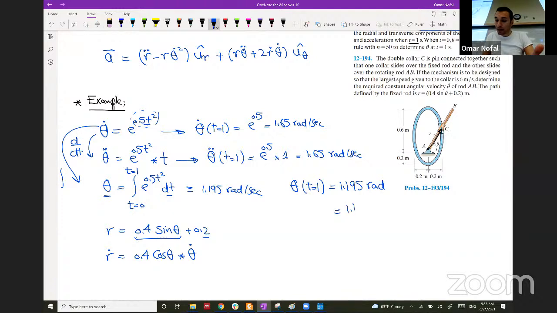If you calculate this with degrees, it will be 1.195 multiplied by 180 over pi. It should give you theta equal to 86.47. I calculate theta in degrees because I needed to get r at this theta, which is the value of theta at time equal 1 second.